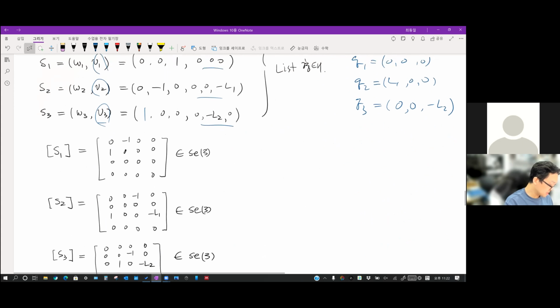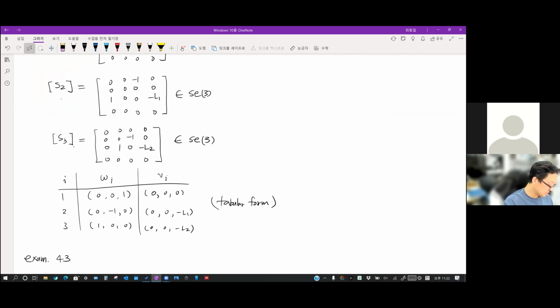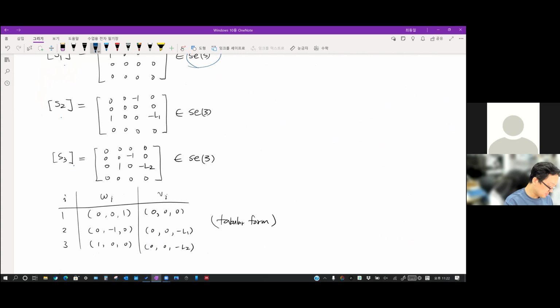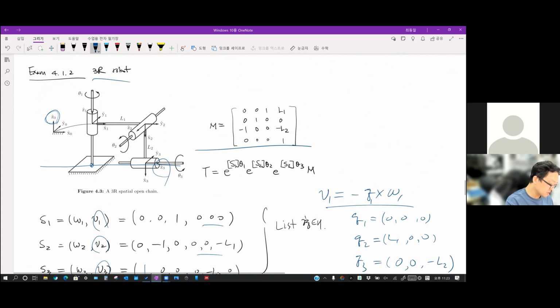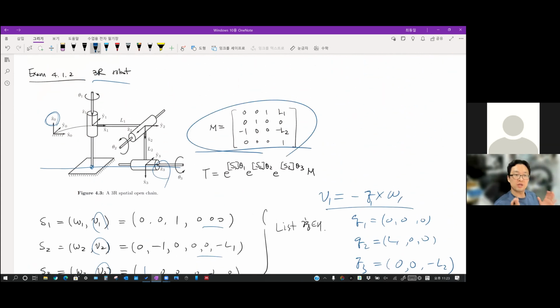So we can calculate the SE(3) form of S1, S2, S3, or we can express it in tabular form like this. Using this information, we can make the forward kinematics using this equation. There is a library, the Modern Robotics library.